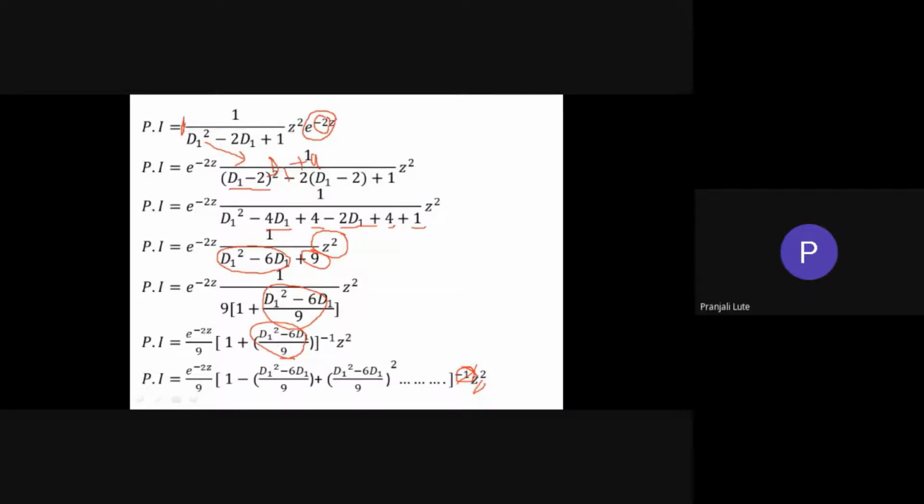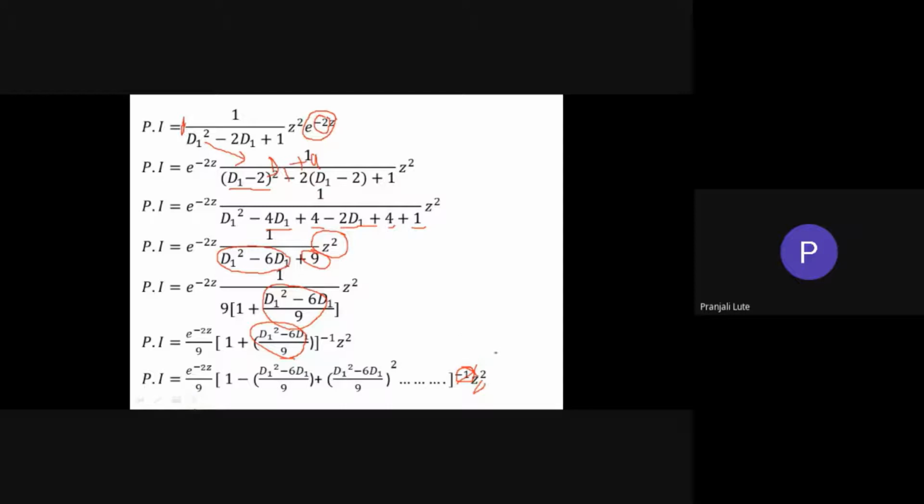So z square का डबल डेरिवेटिव हो सकता है. That's why we take d1 and d1 square and neglect the remaining terms because derivative of z square will take 2 times. इसलिए d1 और d1 square लेंगे and we have to neglect the remaining terms.